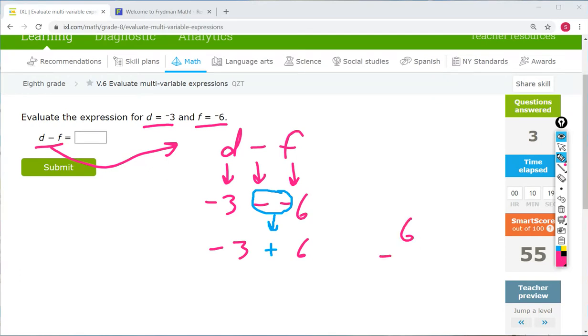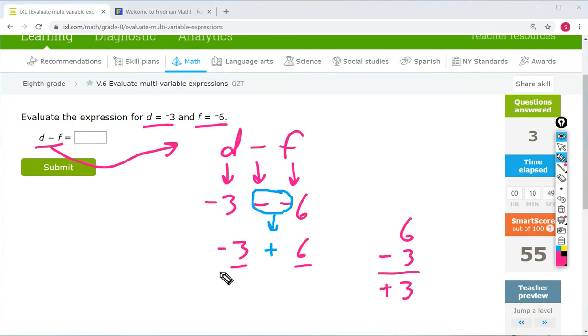So 6 minus 3 is 3. Now, what's bigger, 6 or 3? Let's just ignore the negative for a second. What's bigger, 6 or 3? Well, 6 is bigger. And the 6 had that plus sign, which, even though it's a plus sign, we can treat it as a positive. And we can say that our answer should be a positive 3.